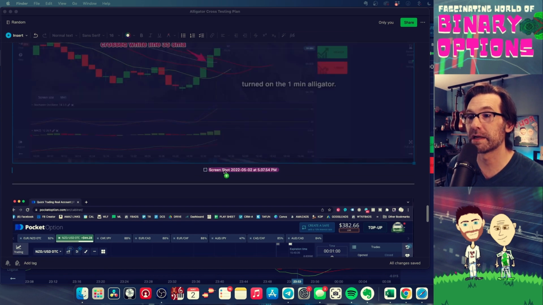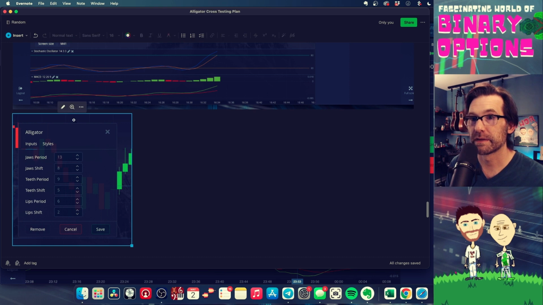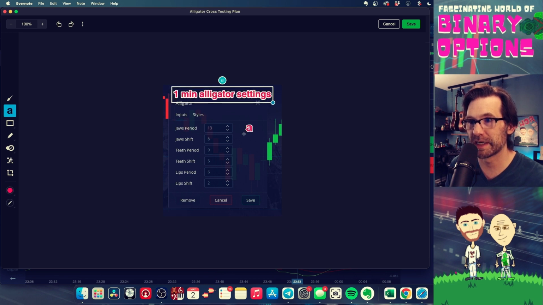What you do is you just set this up, and it will be 1 minute. The 1 minute alligator settings are sort of an extra thing that you can do on your 1 minute chart.